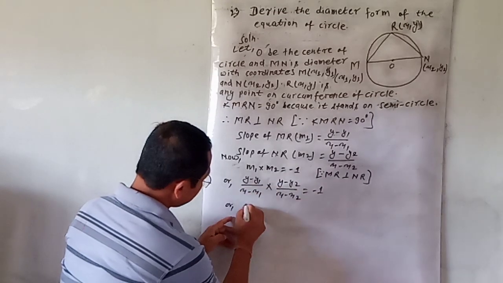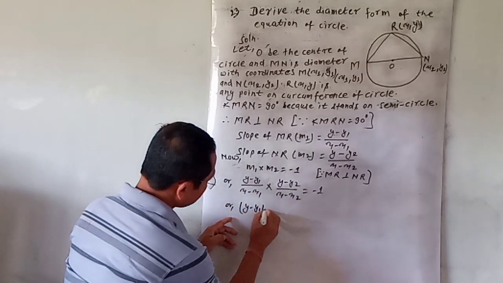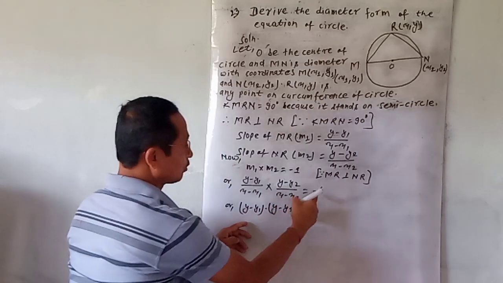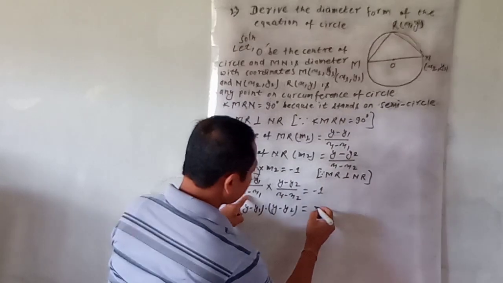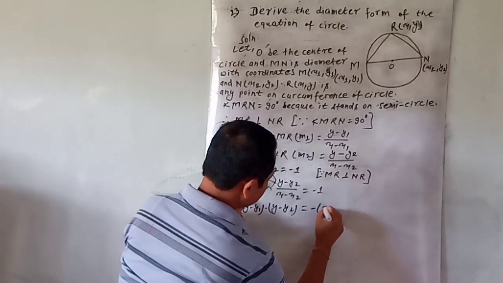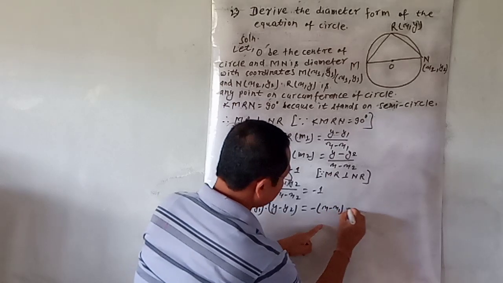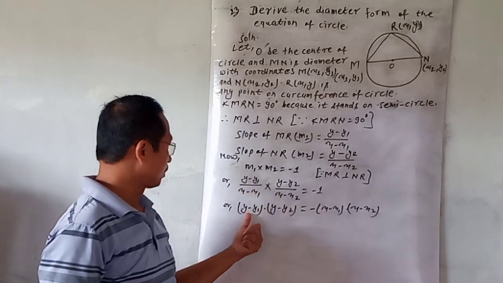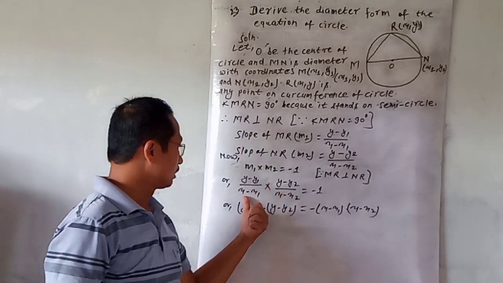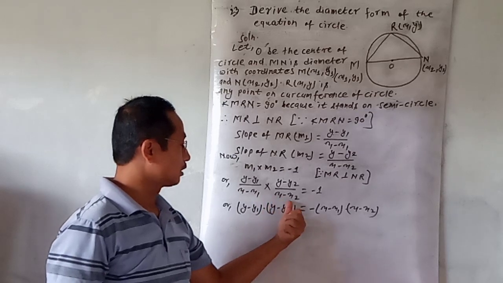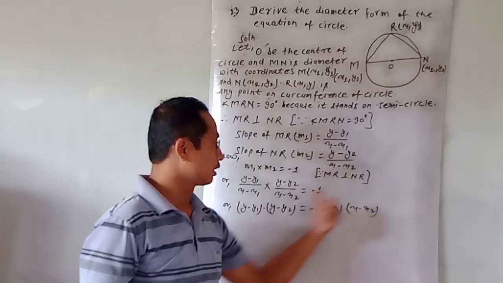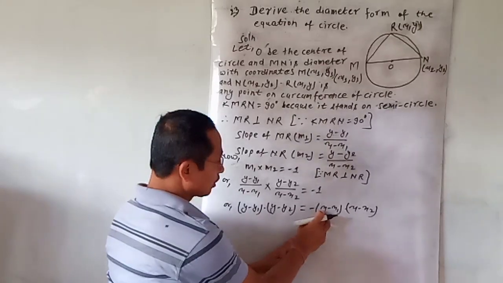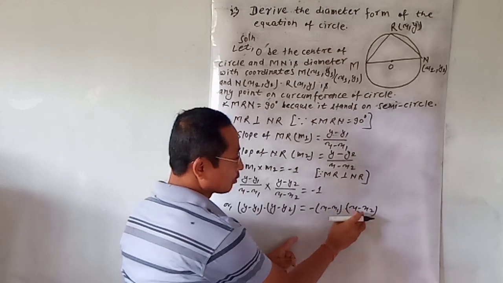We get (y minus y1)(y minus y2) is equal to minus (x minus x1)(x minus x2), since this was multiplied by minus 1.